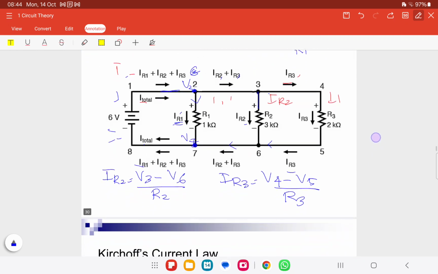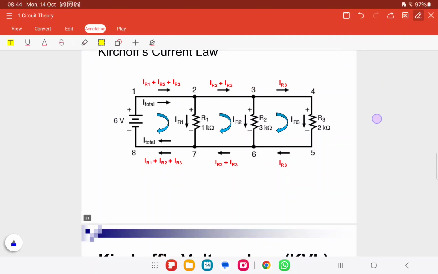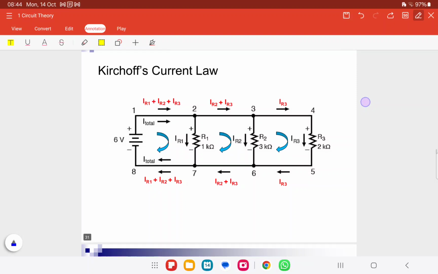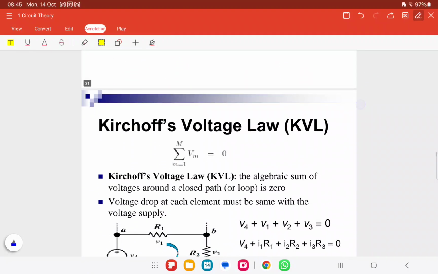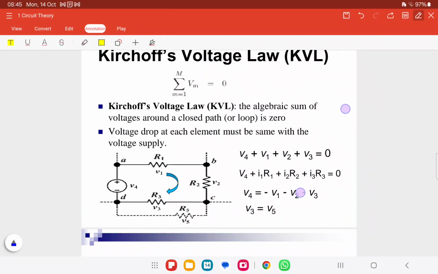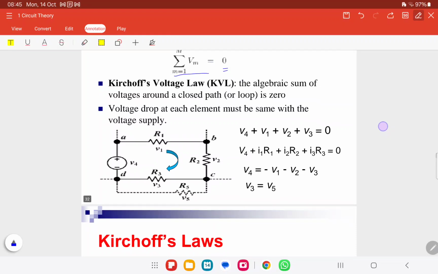Okay. So now we go for, ni sama je dengan yang atas kan? Sama je. Okay, now we go for KVL. Okay, summations of all the voltage is equals to 0.